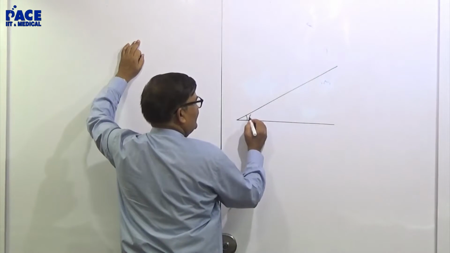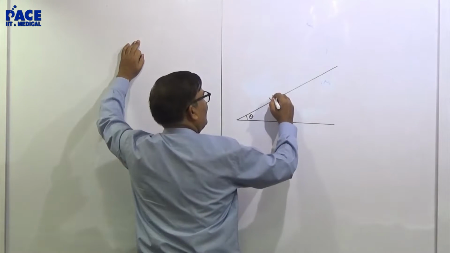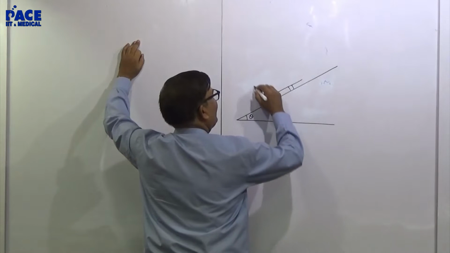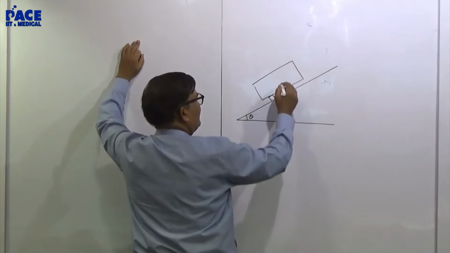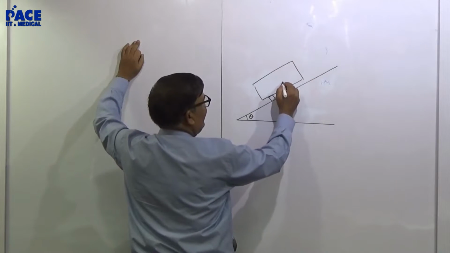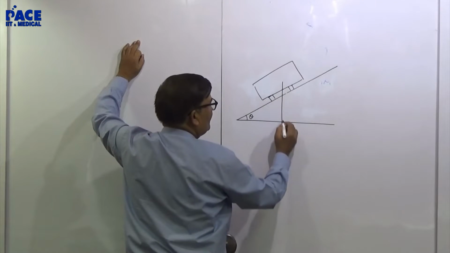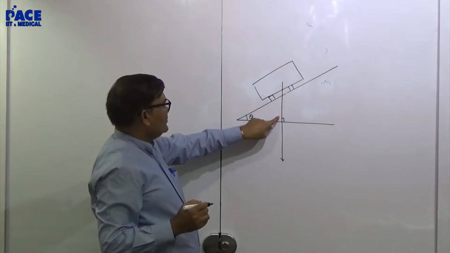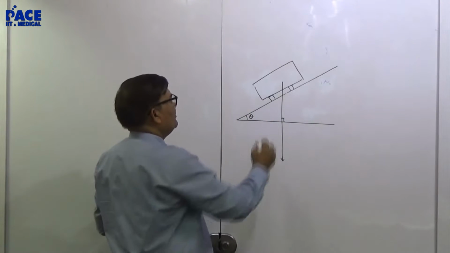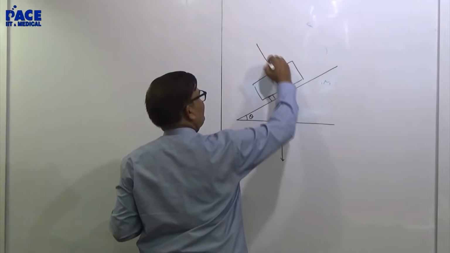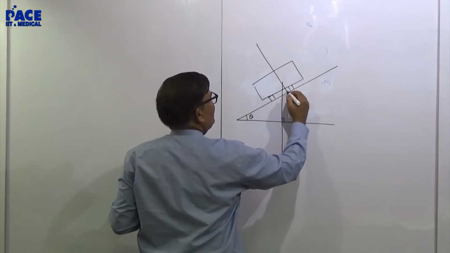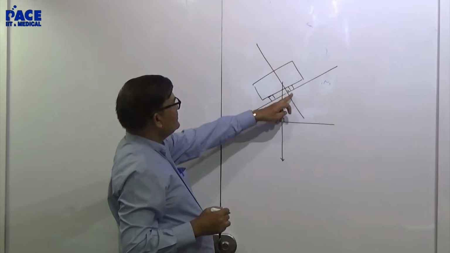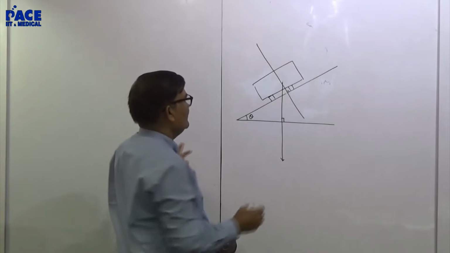This way. The weight will be acting vertically downward. So this angle should be 90. Normal reaction is normal to the surface, the inclined surface. There also it should be 90.